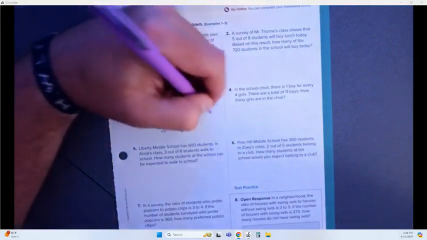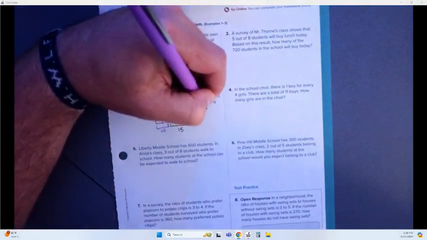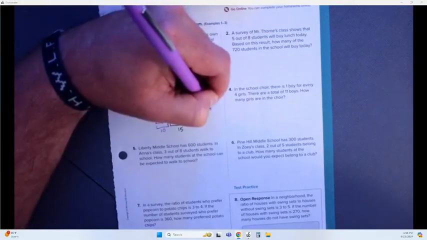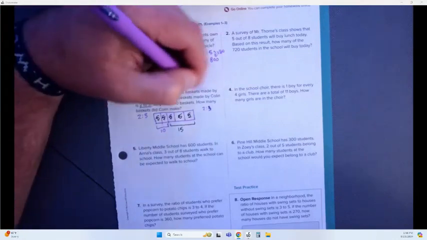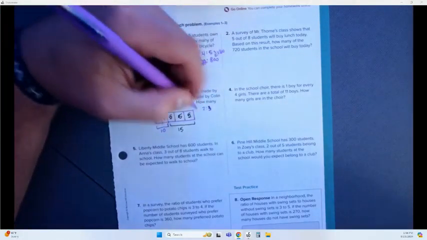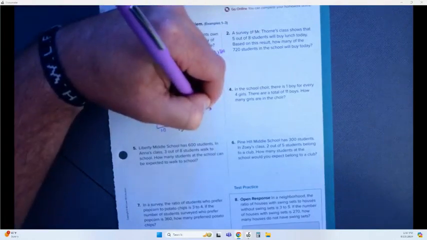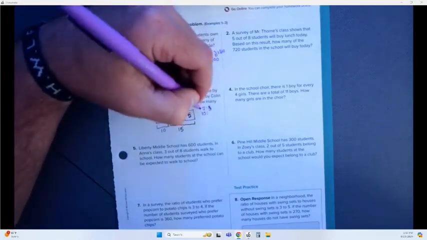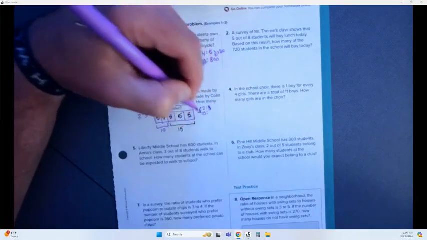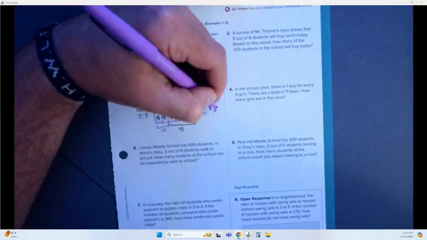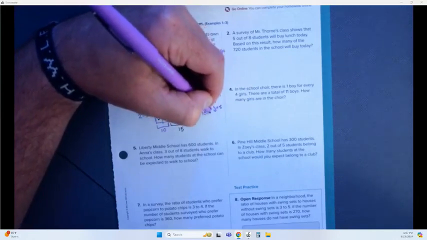We can also do our 2 to 3 ratio, which is our amount of baskets Tony made to the amount of baskets that Colin made. They told us that Tony made 10 baskets. We don't know how many Colin made, so we need to figure that out. We see that 2 times 5 is 10. So 3 times 5 is 15.